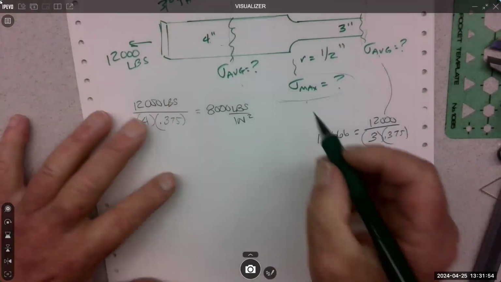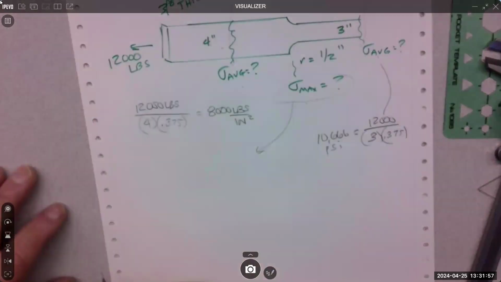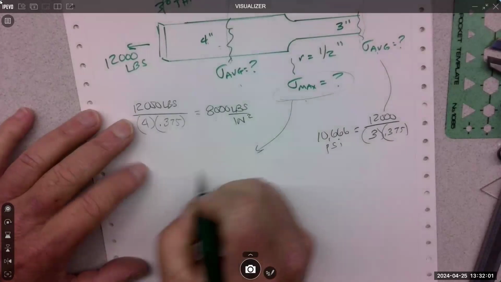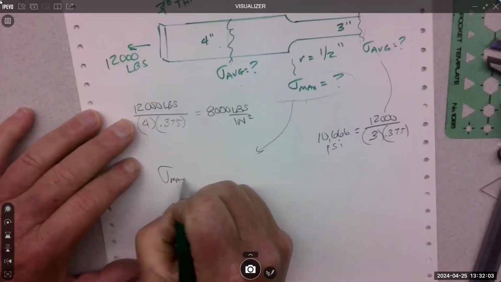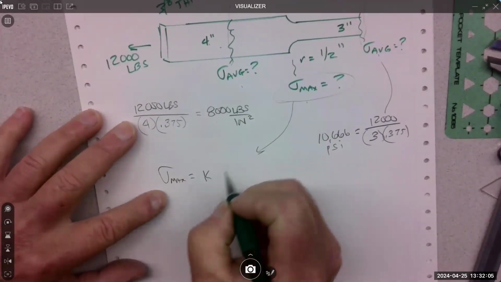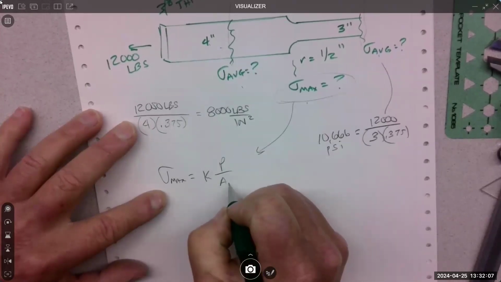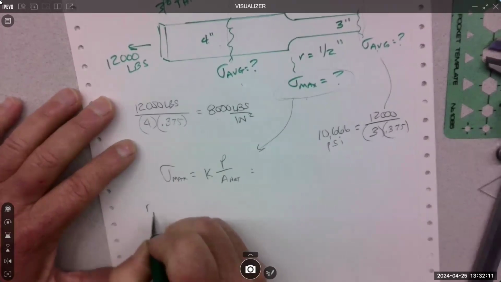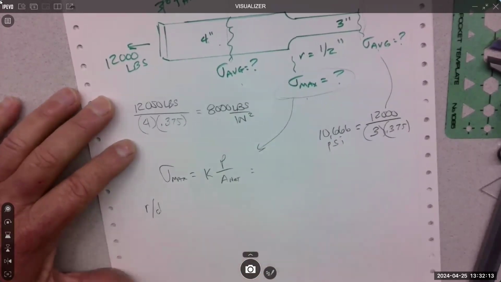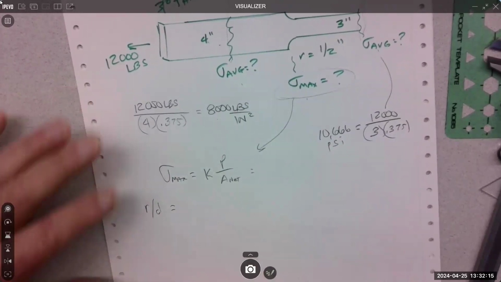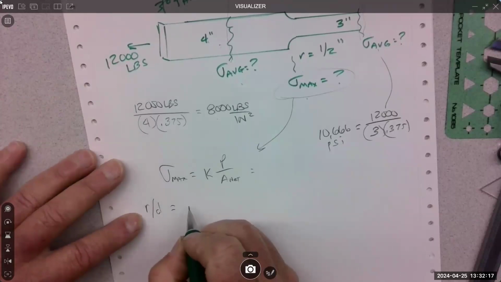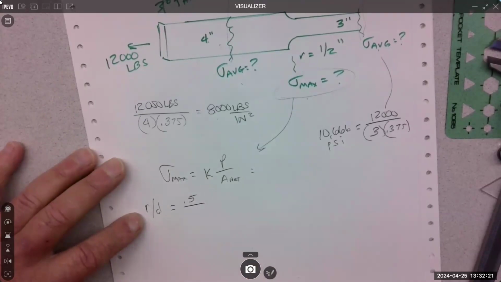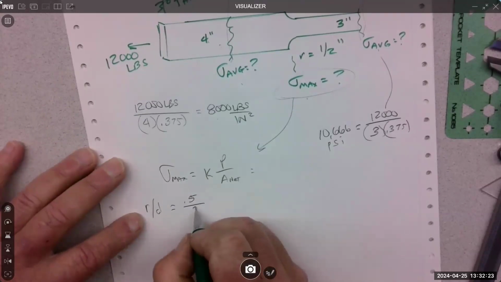All right, now let's do the stress max. Just to reinforce this, it's K P over area net. We get K from the R to D ratio. What is R? 0.5. What is D? 3.